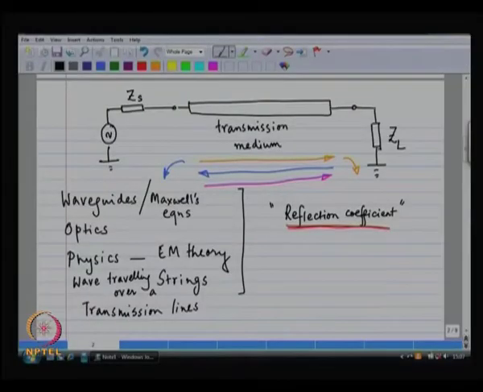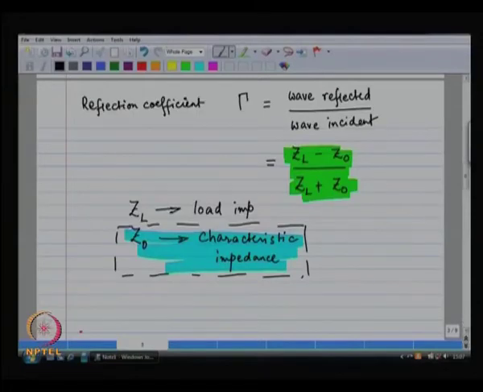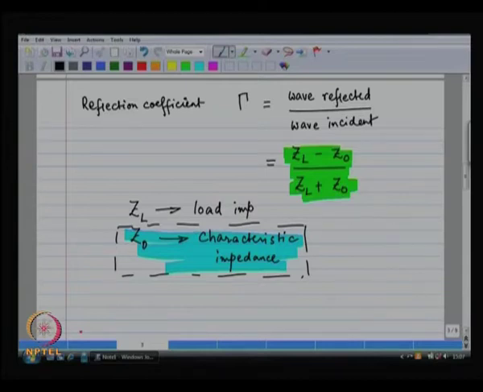Now, this reflection coefficient may or may not be a real number, it could be a complex number. So, beware over there. So, typical formulation for reflection coefficient is (ZL minus Z naught) by (ZL plus Z naught). ZL is the load impedance, Z naught is the characteristic impedance. As you see, all of these are impedances and the result may or may not be a real number.